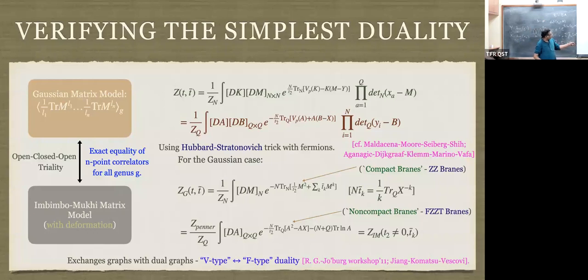You get a log potential, you get this AX and this, but then there's an A squared. So this is the special case of the Imbimbo-Mukhi model in which I have only the tachyon.